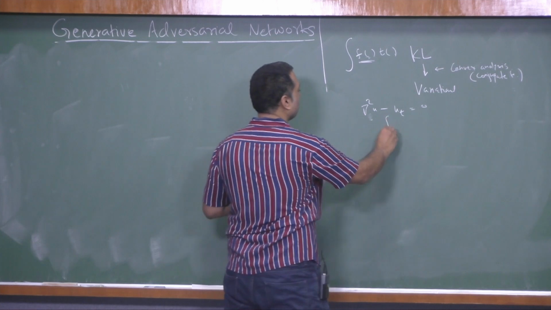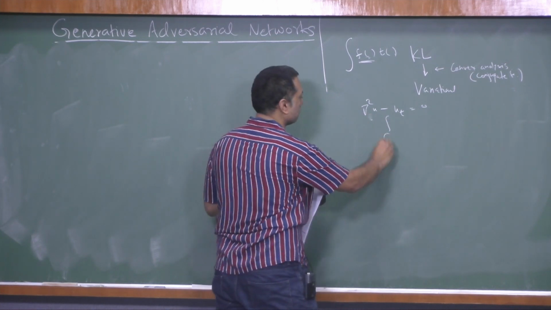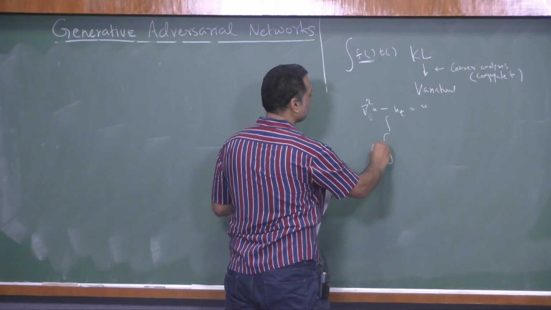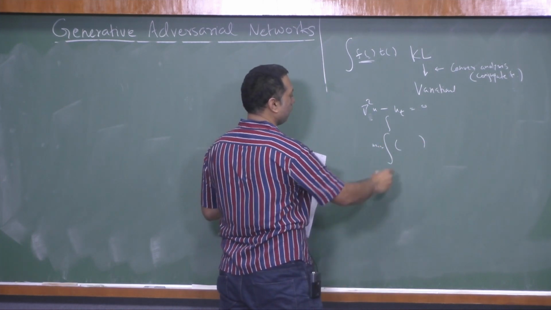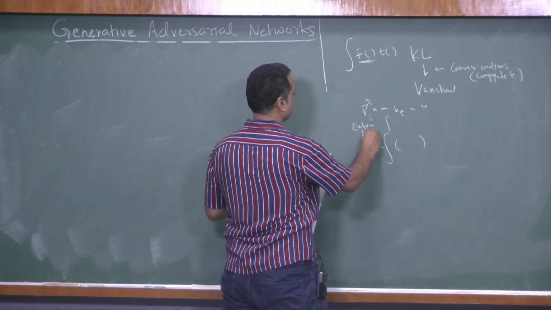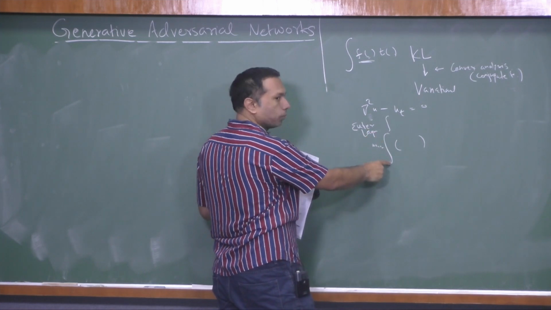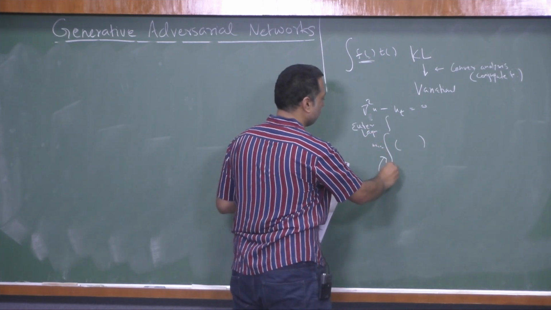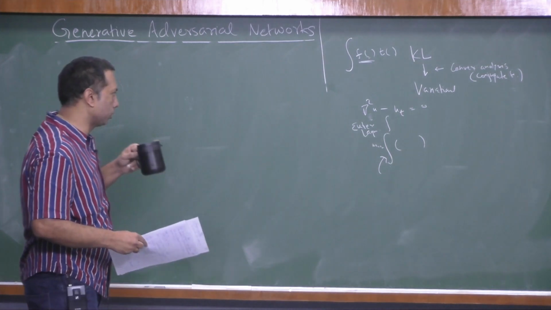I go to a corresponding integral of this, which is an optimization problem: minimize some function here. This is called Euler-Lagrange. Corresponding to a PDE, there is an Euler-Lagrange, and then from here you may use some kind of a variational approach, because the integral may not be easy.